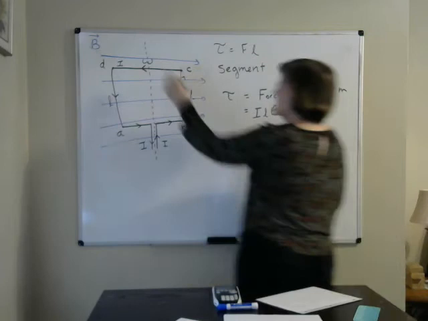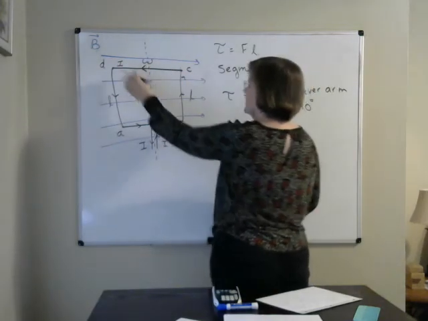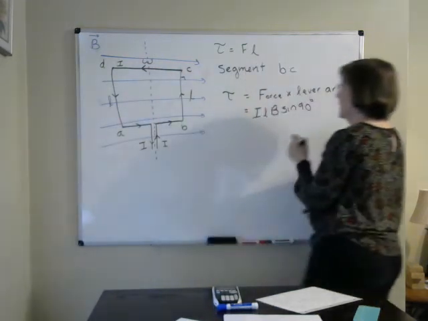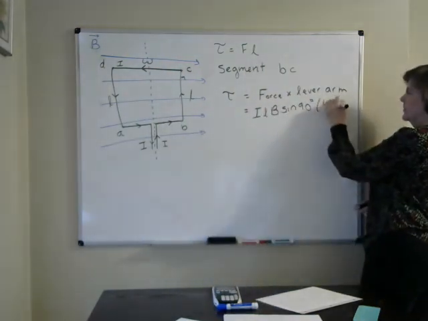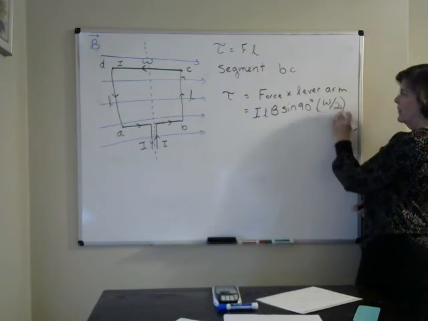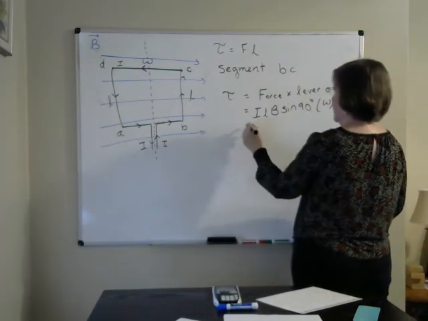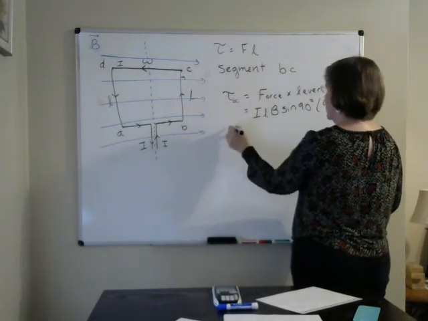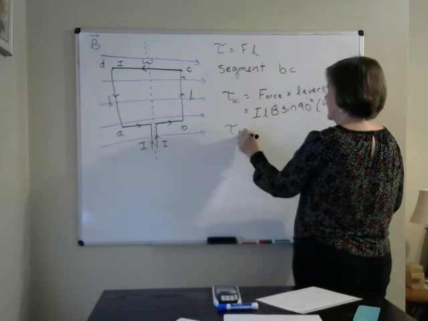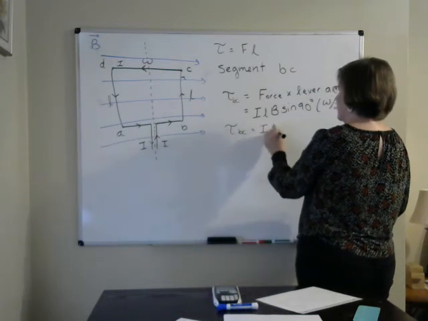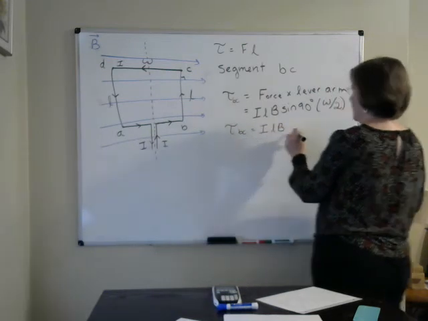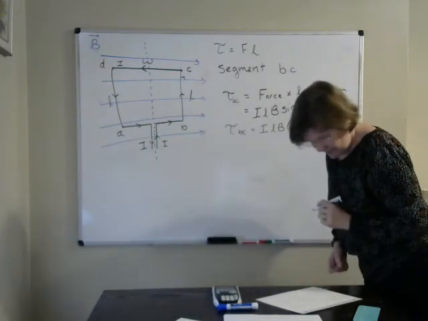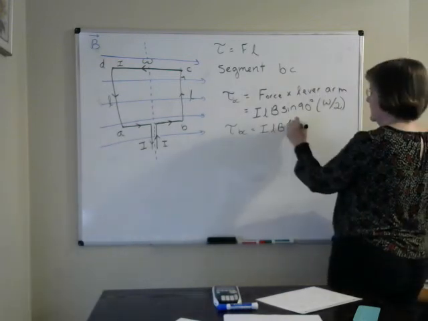Well, if this is the axis of rotation right here in the middle, then this lever arm actually has a length of W over 2. It's half of the width. That's going to be the torque on BC: ILB, W over 2.